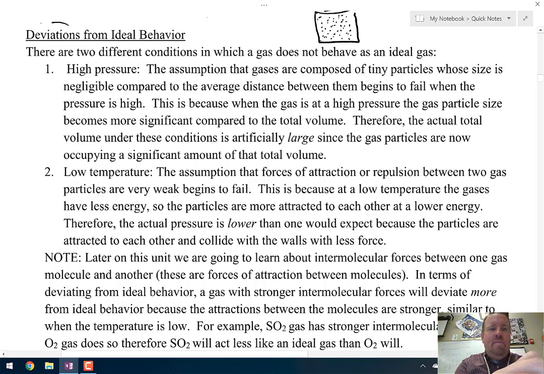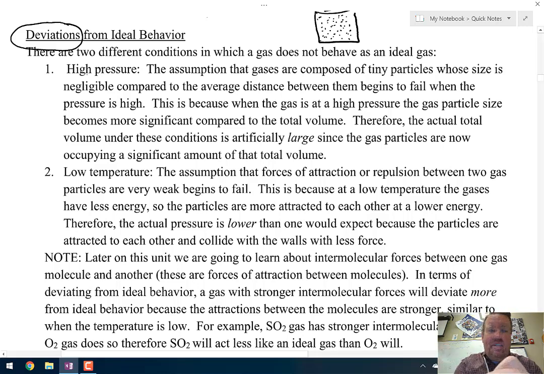So when we talk about deviations from ideal behavior, we're talking about gases that do not behave like an ideal gas. And when would those conditions occur? Well, again, it goes back to those two points in the kinetic molecular theory, one of which says that gases don't take up any space inside the container.